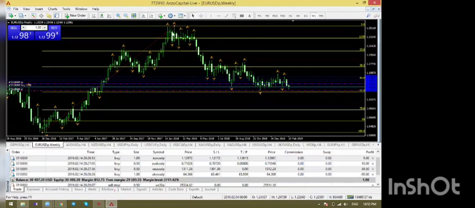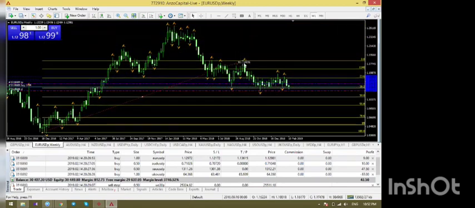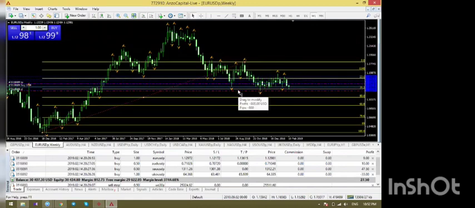But when I do, and I don't have any points higher than this, my 61 here has been broken, so I will update it and move it to here.